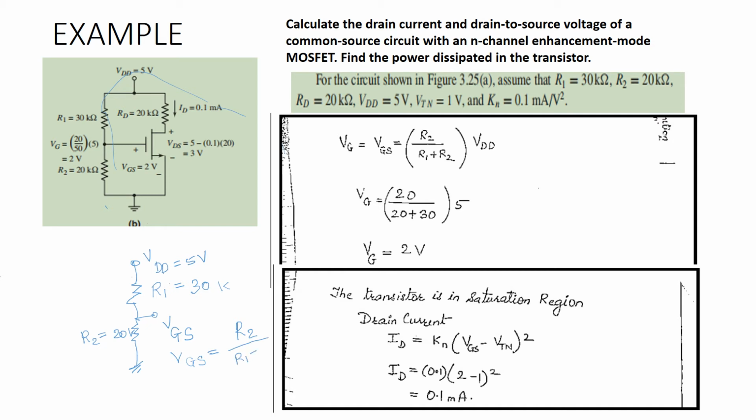So Vg is certainly equal to R2 upon R1 plus R2. So that is why this particular relation comes, which is stated over here. Vg is equal to R2 upon R1 plus R2 into VDD.